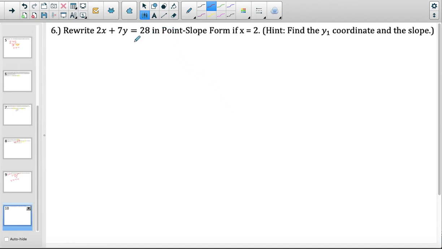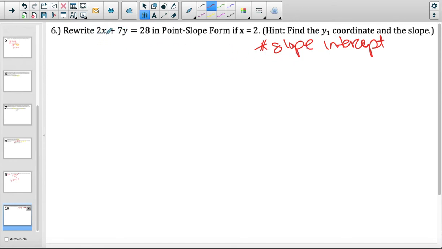On the last example here, it says we want to go to point slope form. The hint says remember to find the y coordinate and the slope first. Another hint is, I would like you to focus on slope-intercept form. If you write this in slope-intercept form first, it'll make that y point come out nicely, and you're going to get the slope immediately.